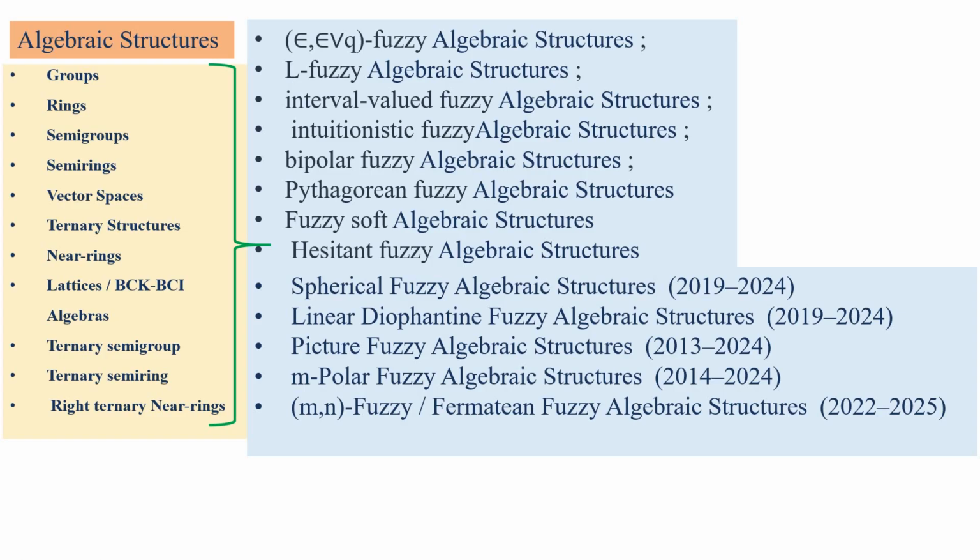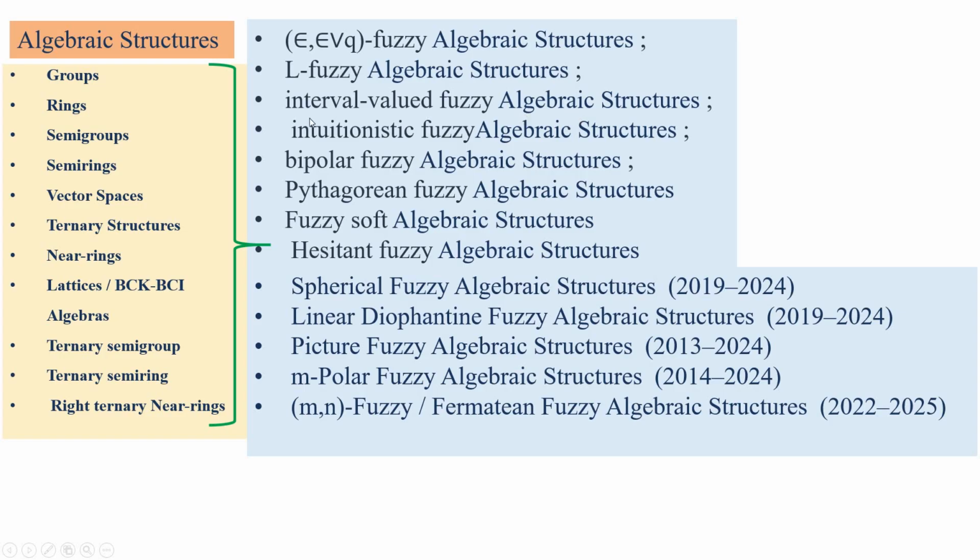There also you can find the topics on fuzzy groups, fuzzy rings, and so on, or intuitionistic fuzzy rings, fuzzy semirings, fuzzy ternary structures, something like that. So you'll have to have a review, or rather a survey, of all of them, and then whatever is not done so far, you can take it. That is your research gap, and you can proceed with that.